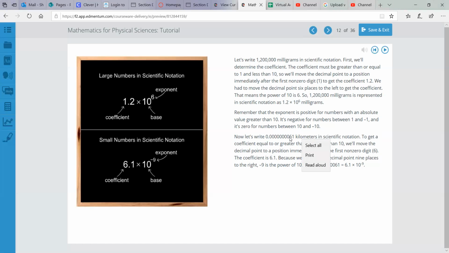So that would be 6.1 times 10 to the negative 9. There are 9 digits. The decimal moved 9 times to the left, okay? You'll get this with more practice.